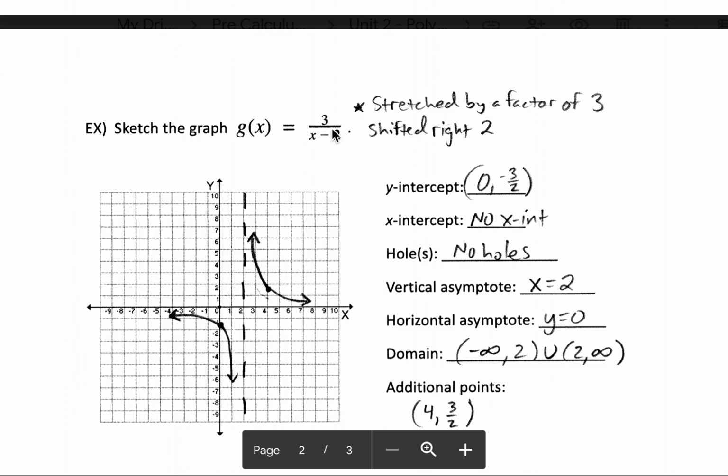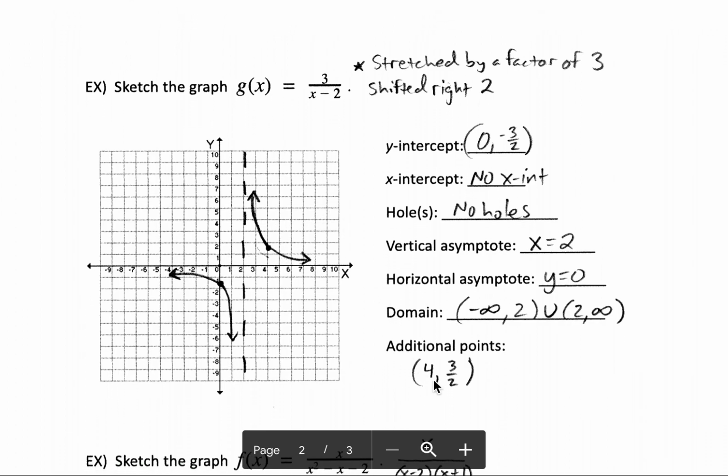In this case, there is a stretch by a factor of 3, so our graphs are going to get stretched slightly from their original arc. And then we're also going to shift right 2 units. So that asymptote that usually occurs right along the y-axis is going to get shifted to the right 2 spots, and the graphs are going to come with it.